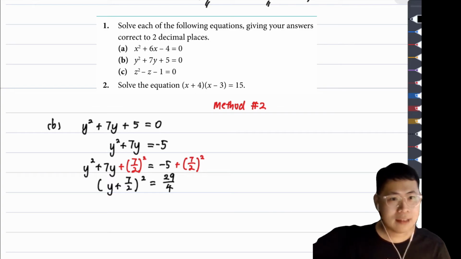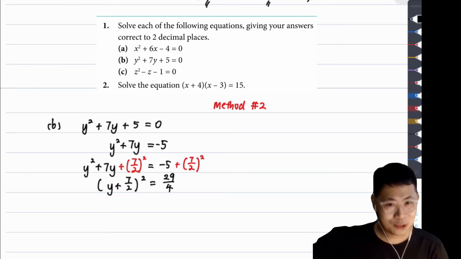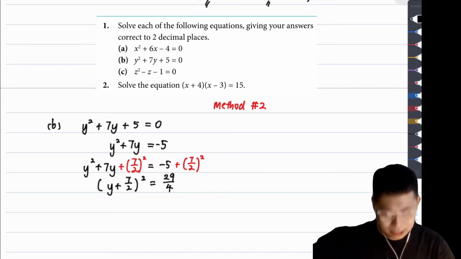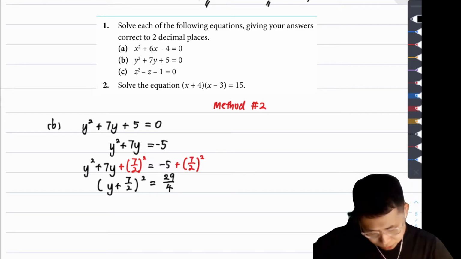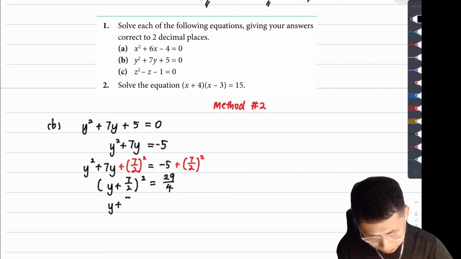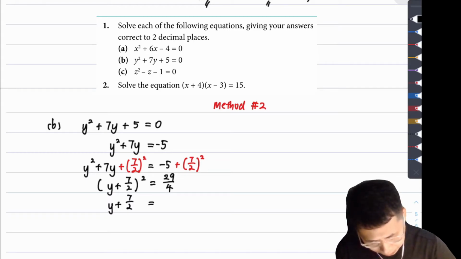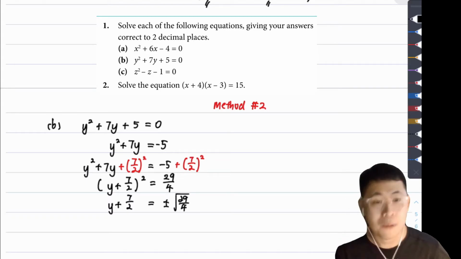Then we solve as usual. Remove the outer function, then remove the inner thing, then we find our answer. So remove the square first. y plus 7 over 2 is plus and minus the square root of 29 over 4.